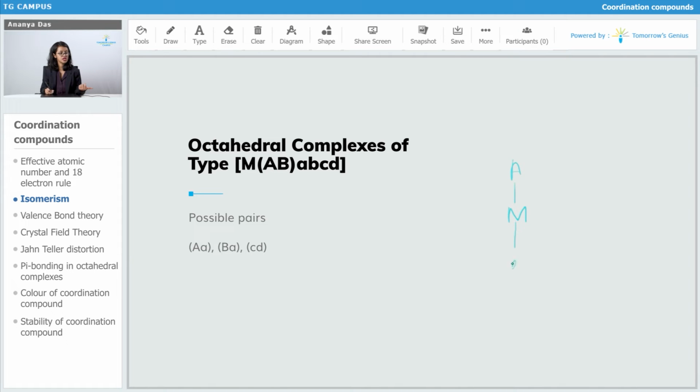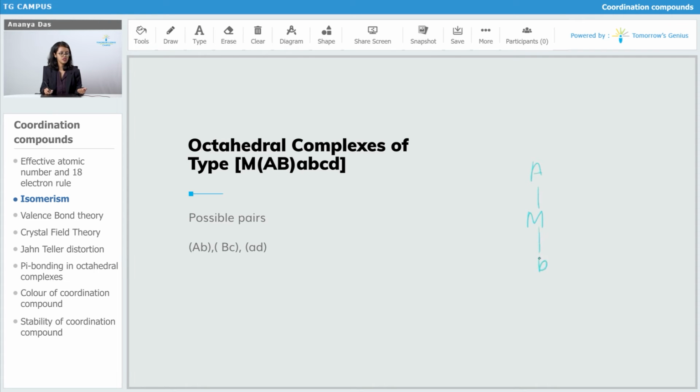You can look at the trans pairs and you can see B is trans to B, and C is trans to D. So this is also optically active. So that was, I guess, the 7th one.